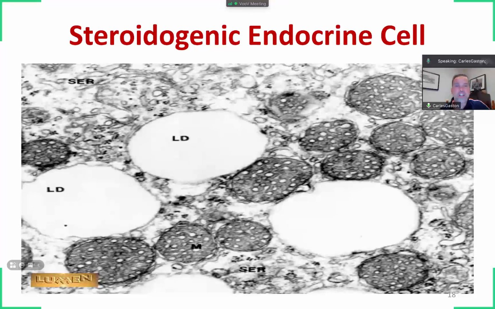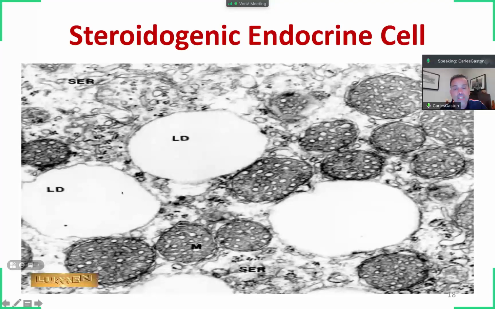And this is an electron microscopy picture of endocrine steroidogenic cells. And what you can see, very importantly, right? When you see one of these cells in the microscope, you can see big mitochondria with this shape associated to the lipid droplets, right?